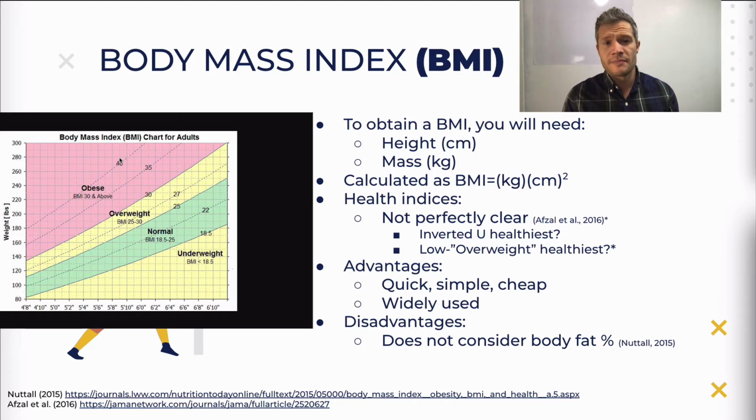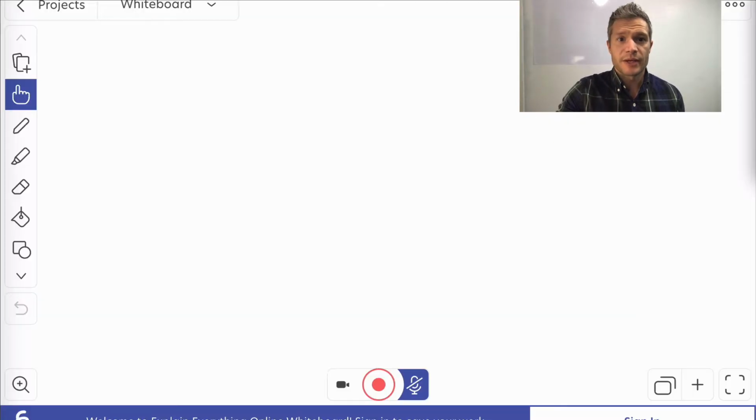There was some thought that maybe there was an inverted U, so if you're, let's say, in the middle, as far as being slightly overweight, like low overweight, in that category is the healthiest versus not. So what do I mean by inverted U? Let's see if I can pull something up here. So an inverted U, you have this graph.